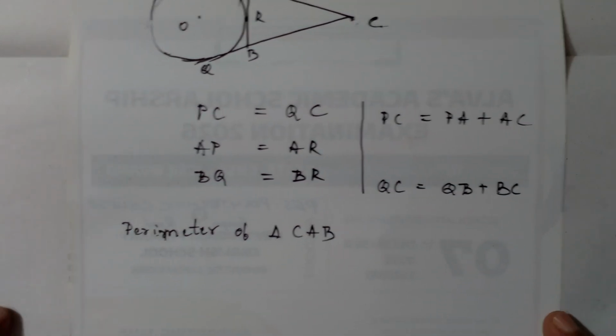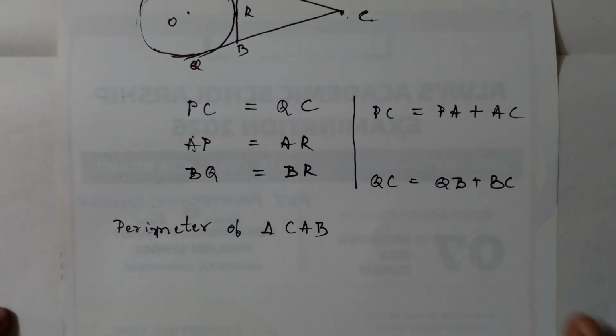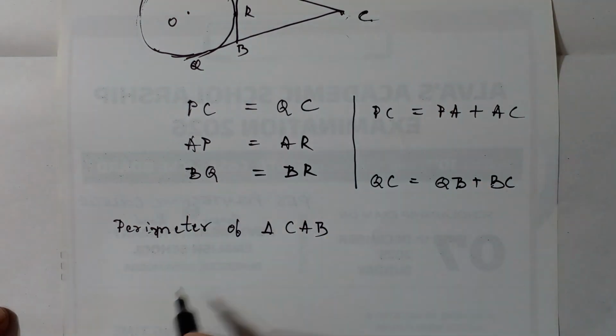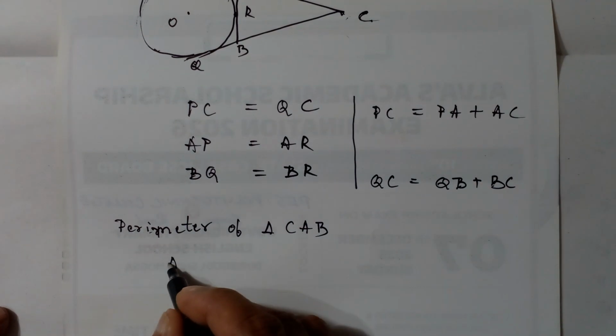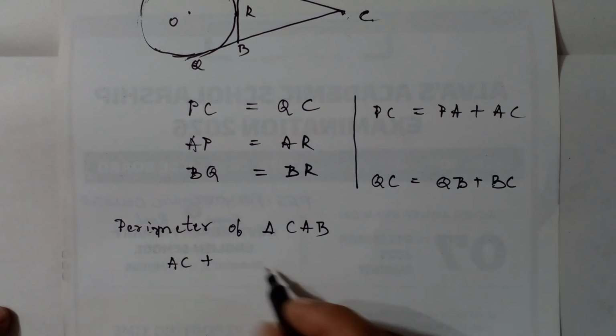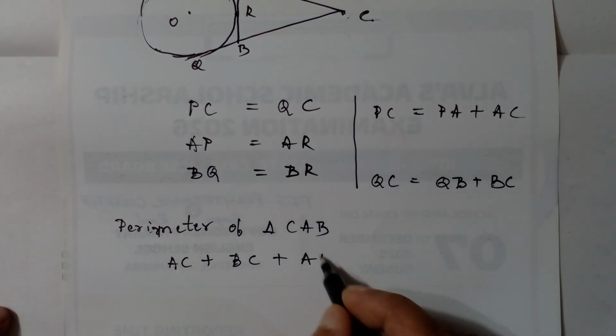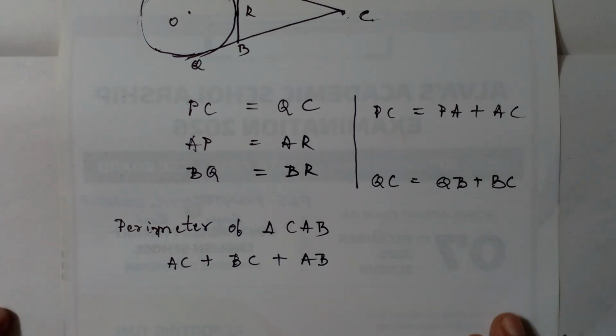So I am going to take AC added to BC added to AB. This is the perimeter of the triangle.